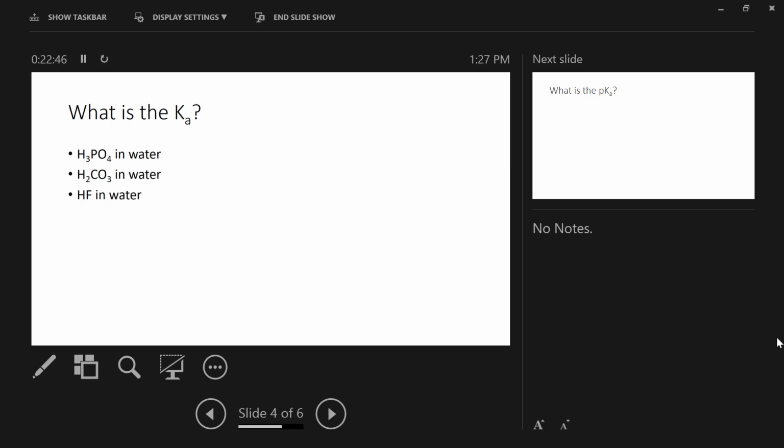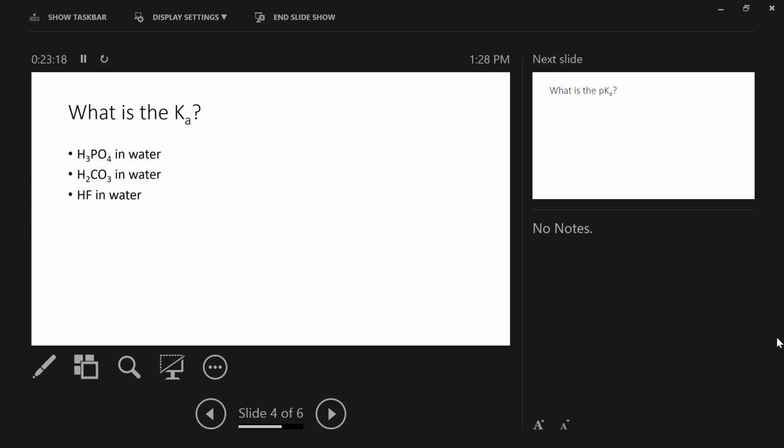Our concentration of H2CO3. And that's how we would calculate Ka for this acid, H2CO3. And the Ka, and remember these are constants, is 4.3 times 10 to the minus 7.